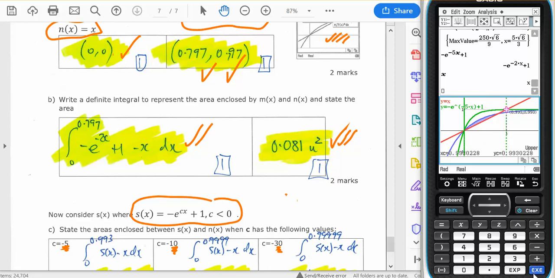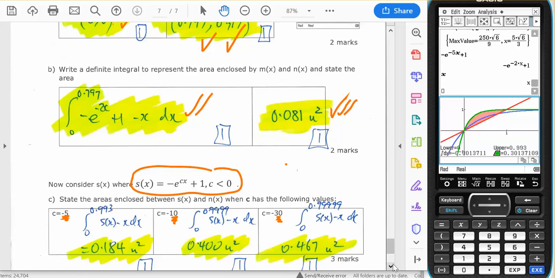Move to the right for the second intersection point, and that is 0.301 or 0.30 for negative 5. I've written the answer from this one up here, down here by mistake.